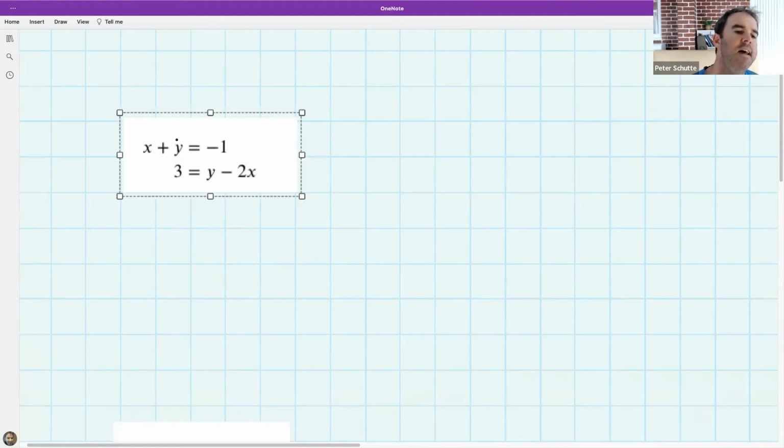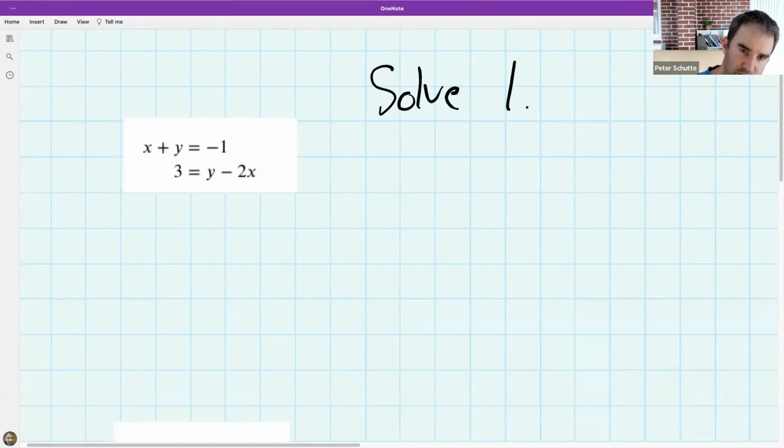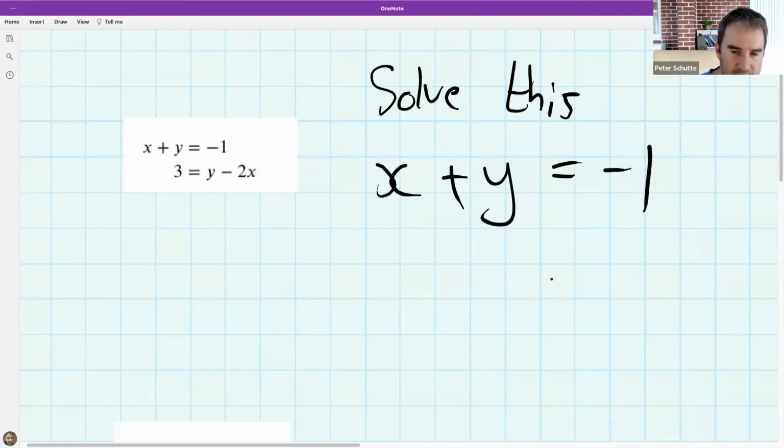All right. If I say to you, solve this equation, and we spoke about this previously, let's just focus on one of these equations, x plus y equals -1. If I say to you, solve that, we have a little bit of a problem because I need two numbers that when I add together, give me -1.